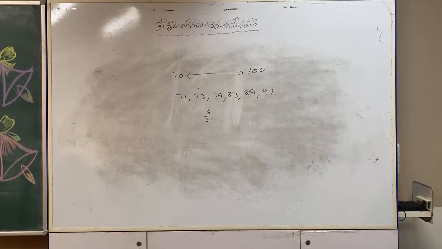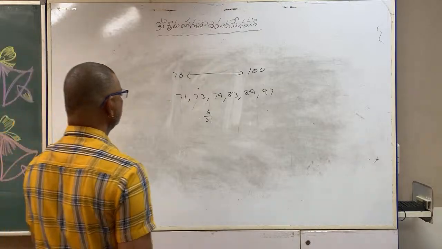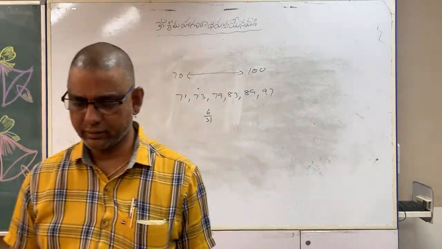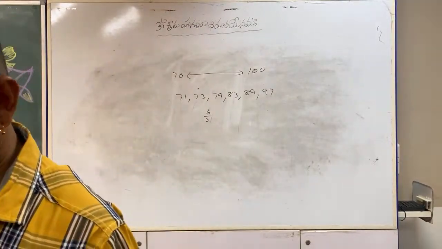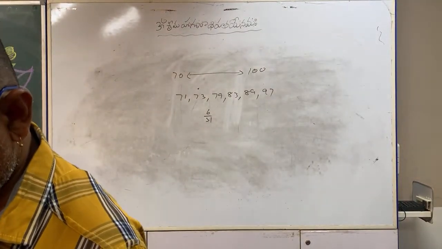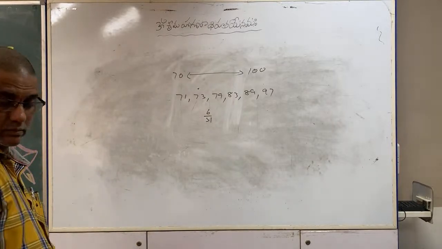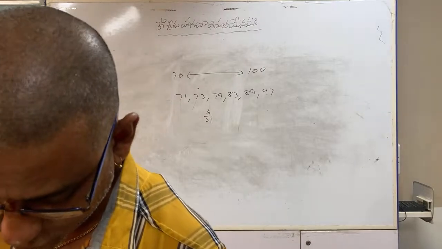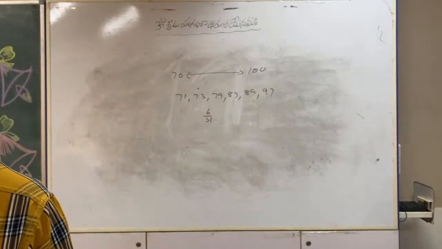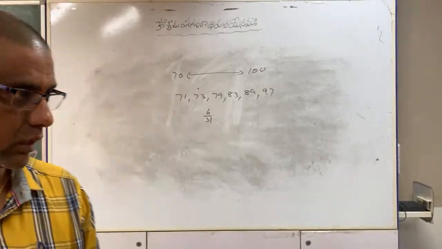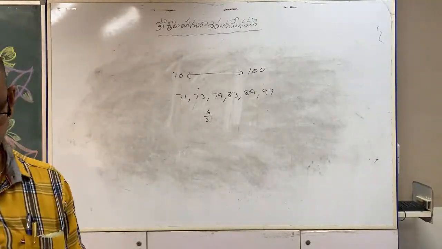How can you say 29? An integer is chosen between 70 and 100. Between 70 and 100. Okay, 29 only then. The total is 29, so 6 by 29.